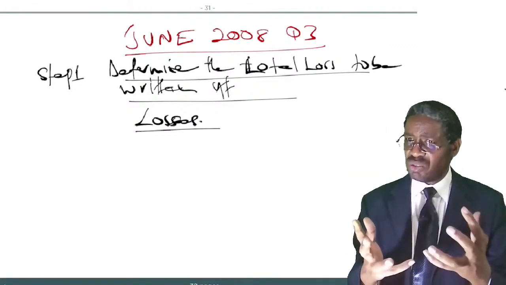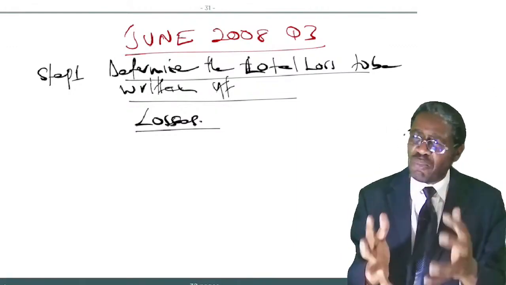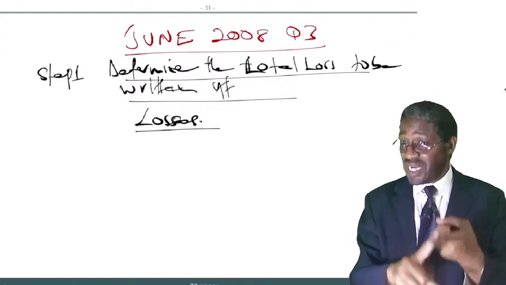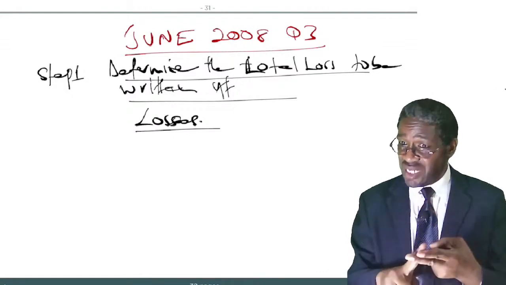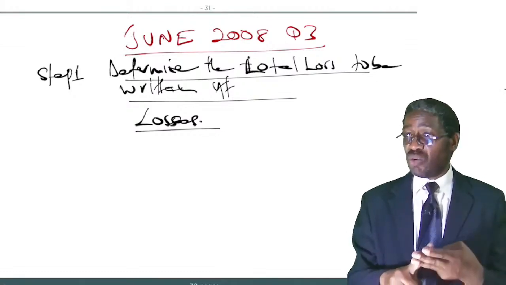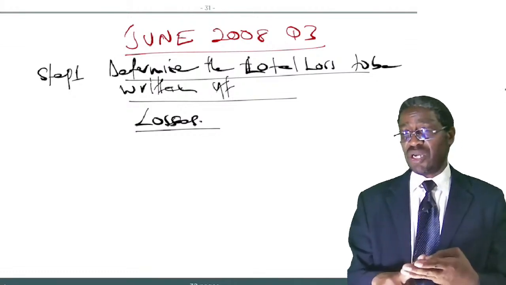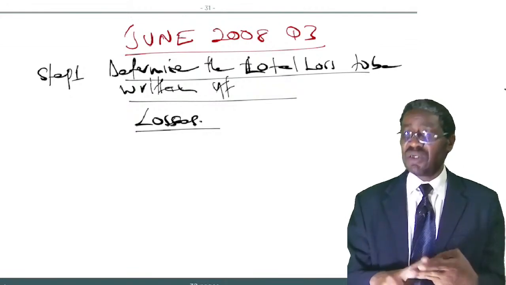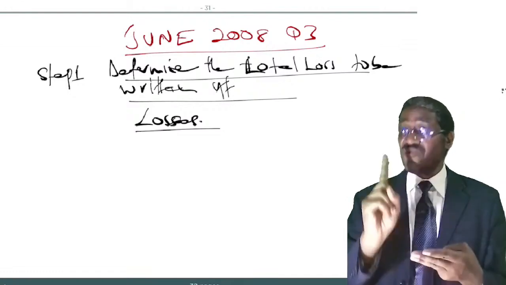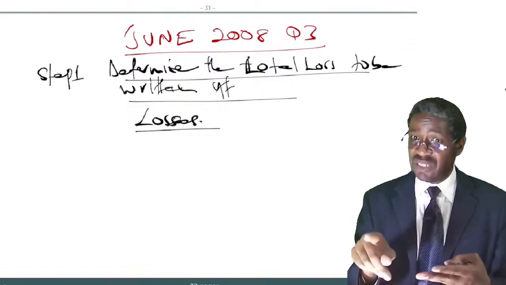Then I told you, listen, what are the other components that can give rise to losses other than assets, other than liabilities? I told you the other one could be reconstruction cost, which according to our question, under note number 1, I remember there was a reconstruction cost, which was estimated to be 4.5. So that we shall bring it in.